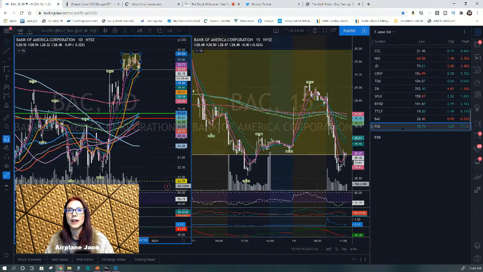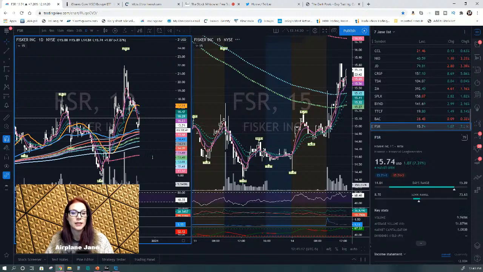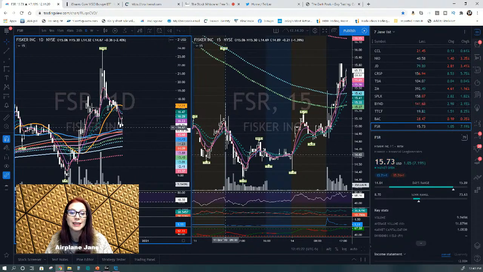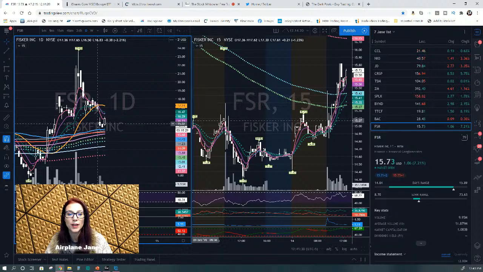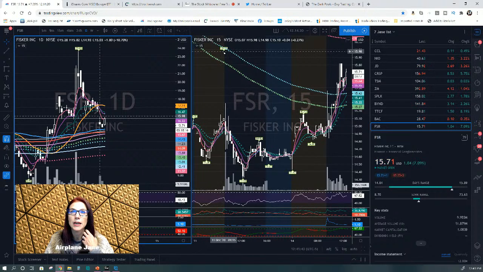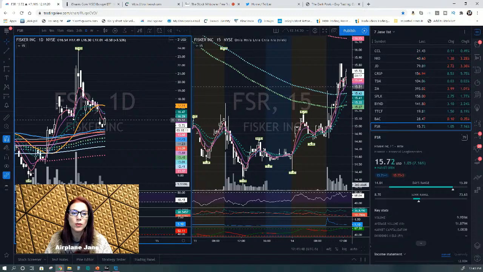All right, FSR. So this has a gap to fill. I like this pattern. It looks like a nice bullish reversal pattern right here. However, we need to really close above the high of this wick on the daily. For me, I would like to see it close above 1582 for confirmation. You can see it popped up above and selling stepped in right away. There is this wick up here to 1598, so maybe it's going to go up to 1598 as well, which you can see over here is really a resistance area.